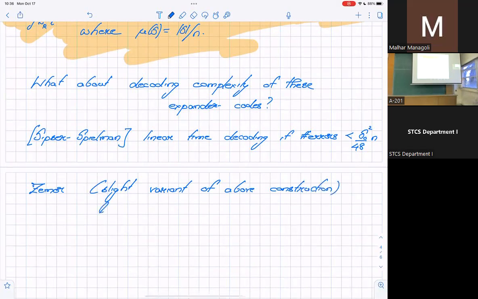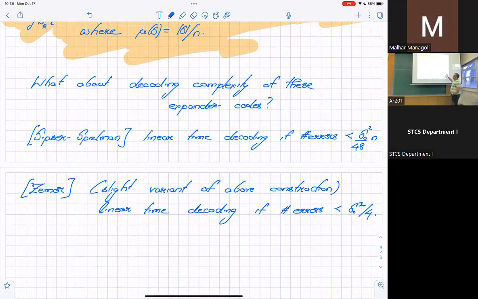There he manages to show linear time decoding if the number of errors is less than delta naught squared by 4. Once again, I will not prove this, but I'll give you the algorithm to show how simple it is.